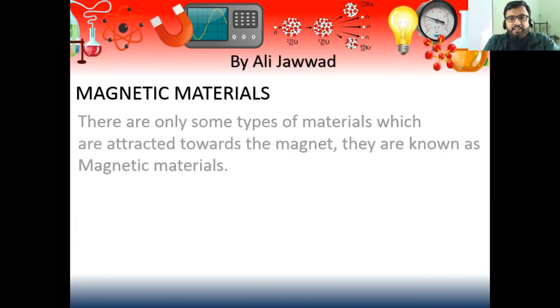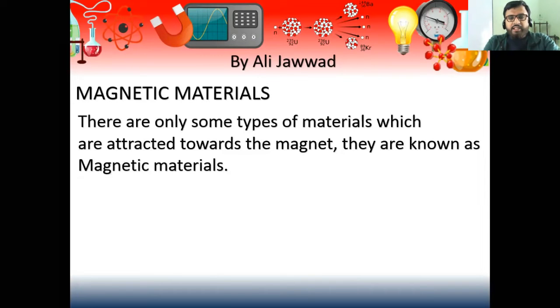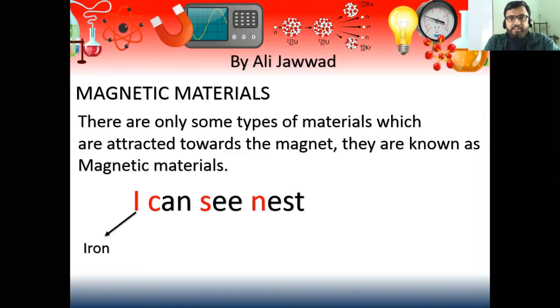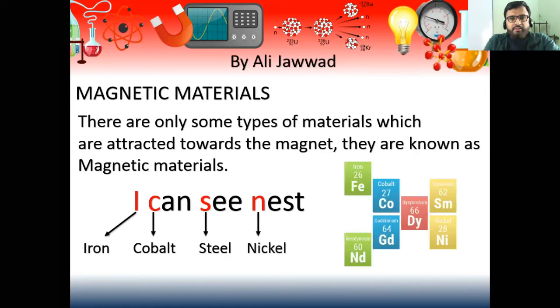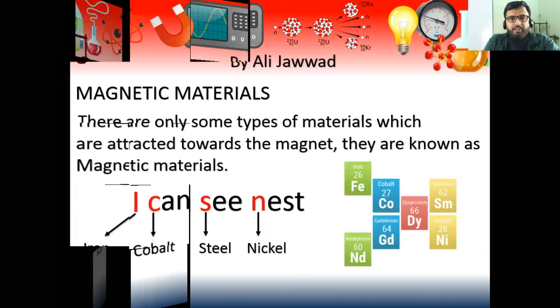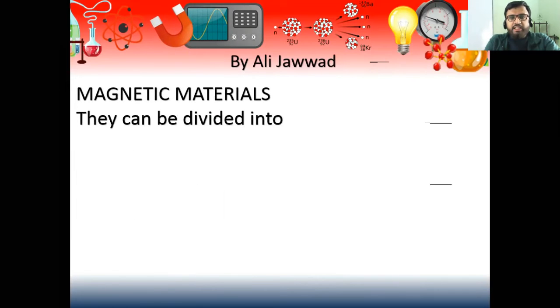Among magnetic materials, some of the materials you can recall with the statement "I can see nest". I stands for iron, C stands for cobalt, N stands for nickel, and S stands for steel, respectively. Among these magnetic materials, they can be divided into two categories.